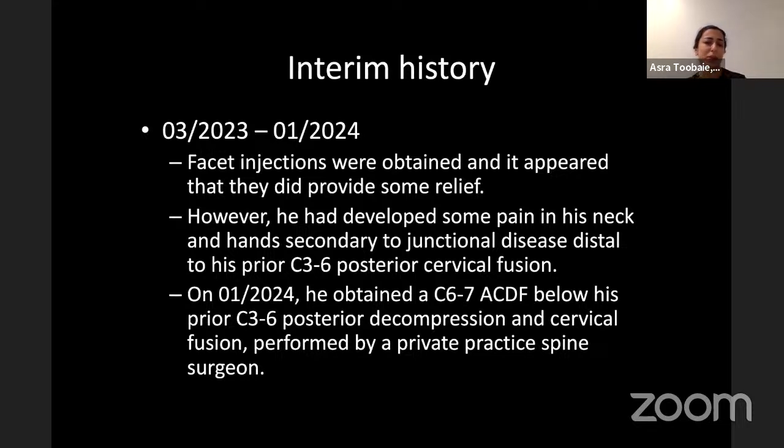Unfortunately, patient developed neck pain with some radicular pain affecting his hands. So he was seen at an outside hospital and was diagnosed with stenosis distal to the previous cervical fusion, mainly at C6, C7 level. So patient underwent anterior cervical decompression and fusion at C6, C7.